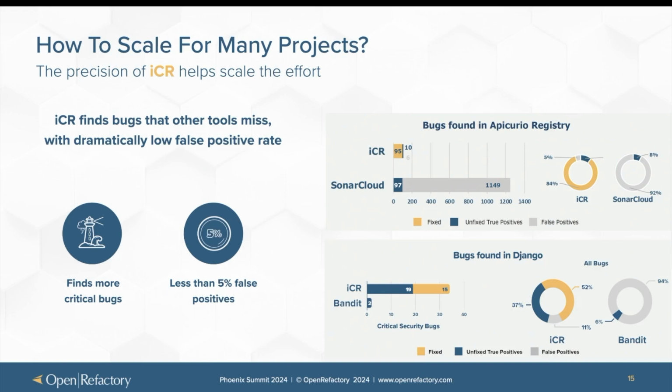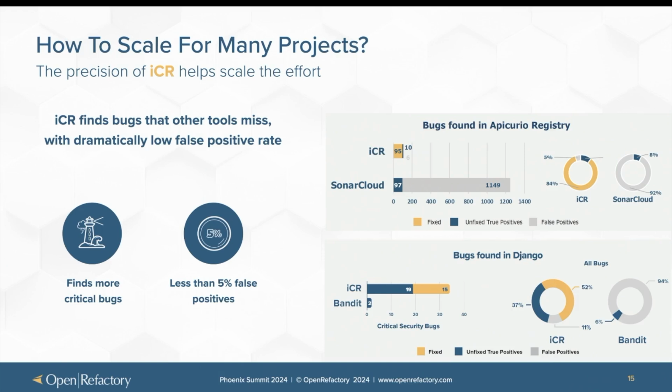Moreover, ICR was able to synthesize fixes for about 95 of those bugs identified, or about 84% of the cases. This is extremely useful because our security researchers are only looking at a high concentration of true positive bugs, but at the same time, when they're looking at the bugs, they also have the fixes readily available. So when they're reporting the bugs, their job becomes much easier.